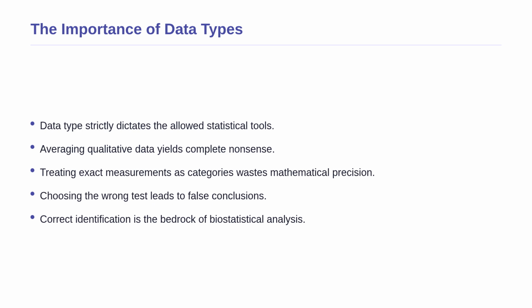Conversely, if you treat exact quantitative blood pressure measurements as mere categories, you throw away valuable mathematical precision. In real-world medical research, choosing the wrong statistical test can lead to false conclusions, which could ultimately harm patients. Classification is your foundational bedrock.